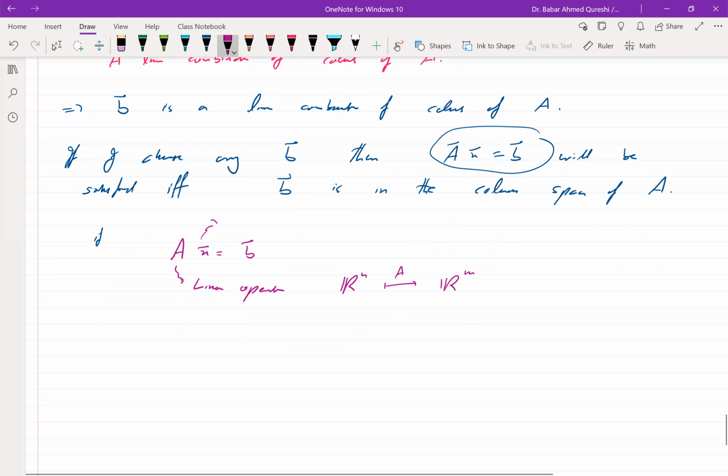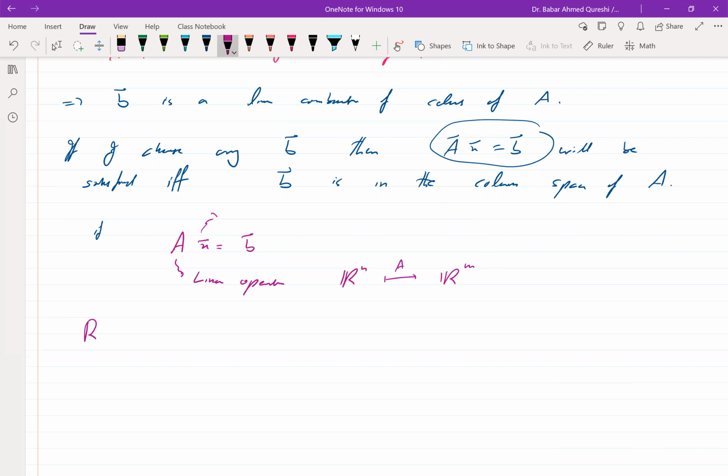So what it's saying is that the range of A, we had studied this concept as well, all possible values of Ax for any arbitrary x, is such that these B's belonging to Rm must solve this equation for some x belonging to Rn.